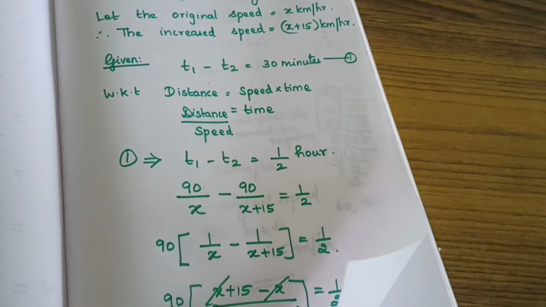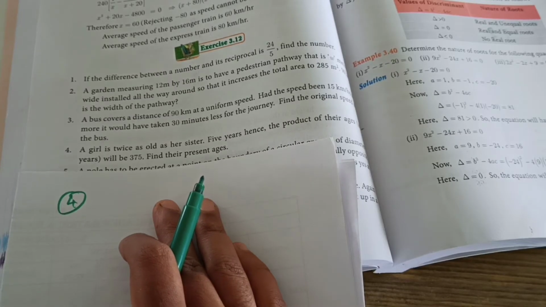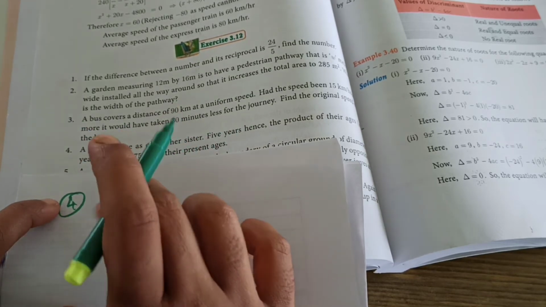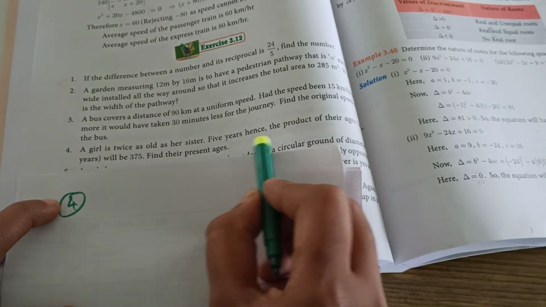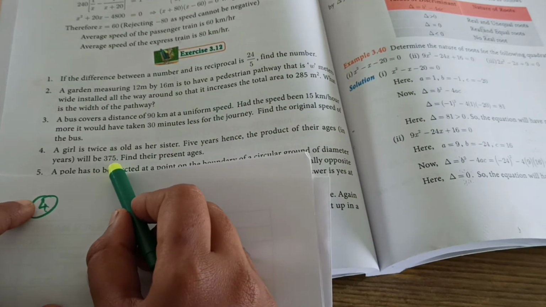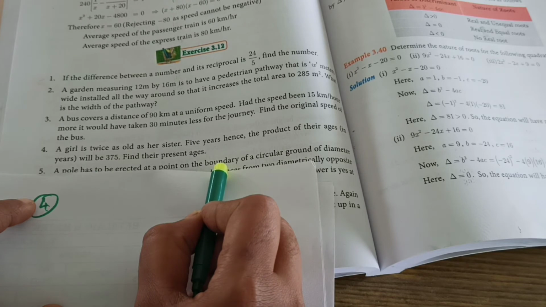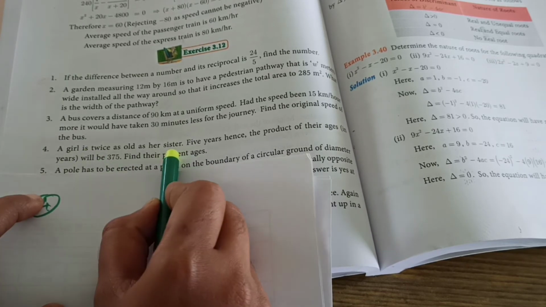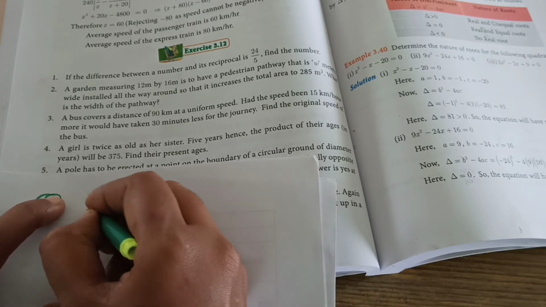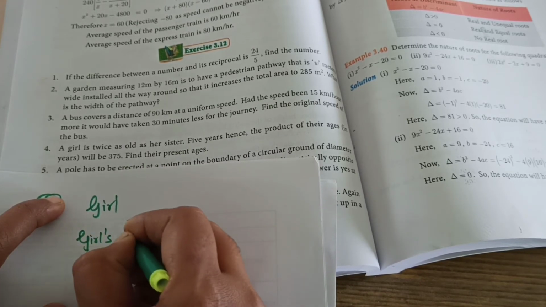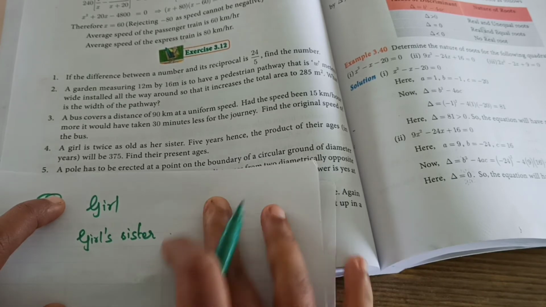Problem number 4 now. See the rough work now. Fourth question. A girl is twice as old as her sister. 5 years hence the product of their ages will be 375. Find the present ages. So here two persons they are comparing, a girl and her sister. So we can give the name girl and girl's sister. What they given?